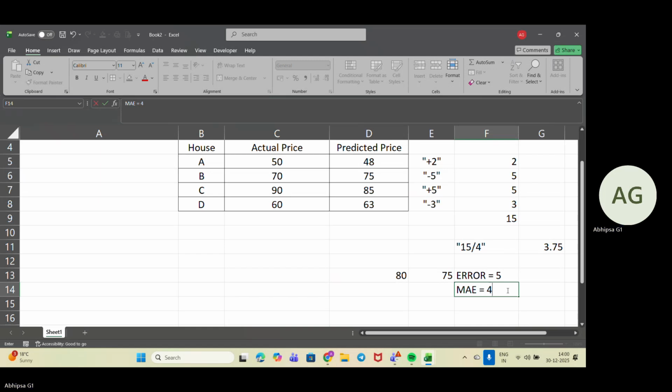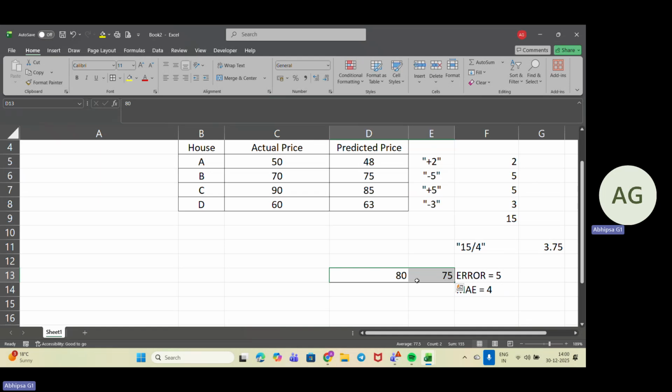Why MAE is a good evaluation metric is that it is easy to understand, and it has the same unit as the price. Even if it is not about price, if it is about marks, in that case also it can be taken accordingly, and it is less confusing.